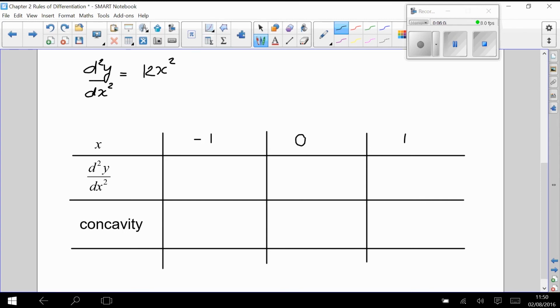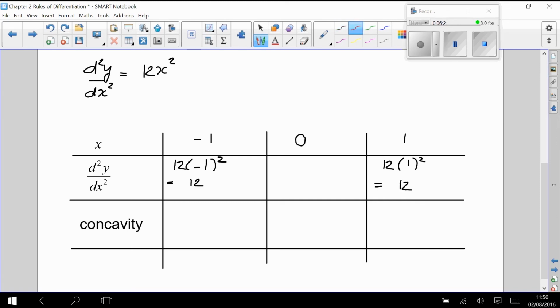If I substitute minus 1 into my second derivative, I'm going to get 12 times minus 1 all squared. Well, that answer gives me 12. If I substitute 1, then I'm going to get 12 times 1 squared, and that is also 12.